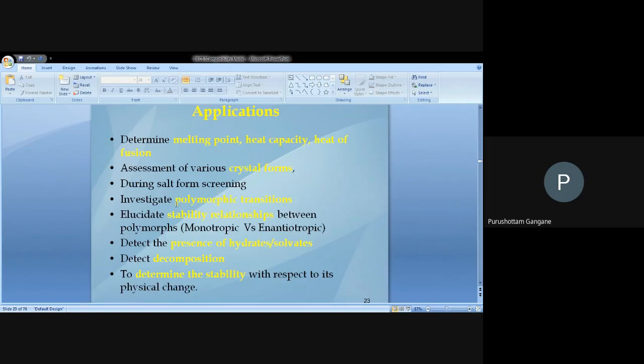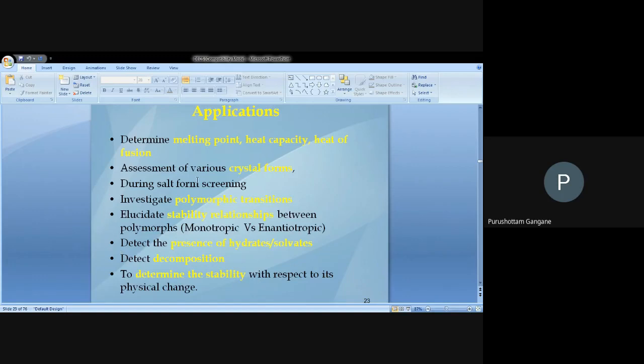It investigates the polymorphic transition, whether one polymorph gets converted into another polymorph. It elucidates stability relationship between the polymorphs. It detects the presence of hydrates or solvates. Then it detects decomposition, and it is also used to determine the stability with respect to its physical changes.